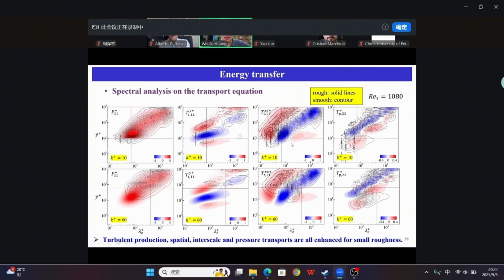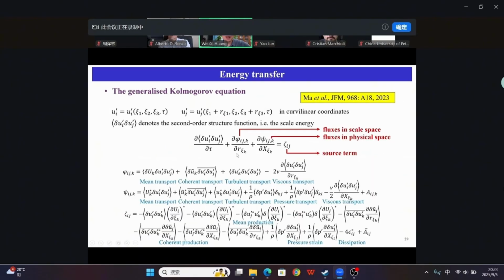Here we can see for the small K, these terms are more strengthened as compared with the larger K case. So this also shows there is more intense turbulent transport for the small K. We also analyze how the roughness affects the outer layer transport.